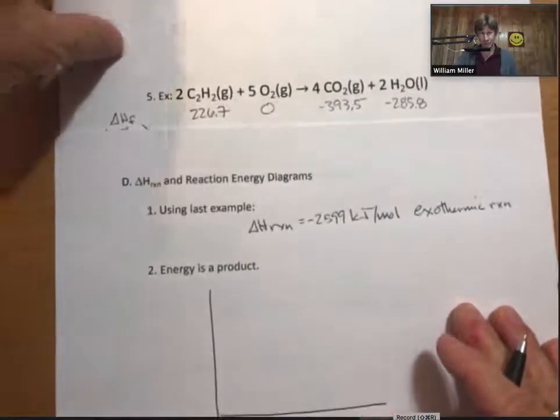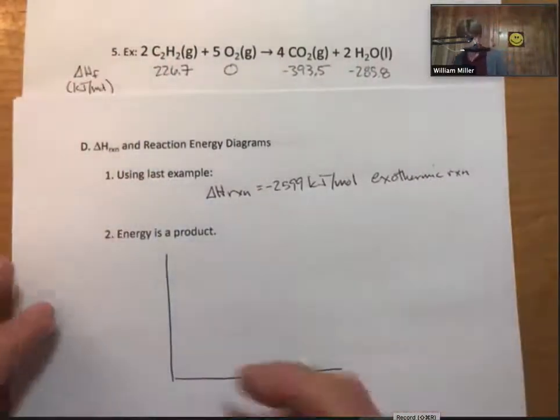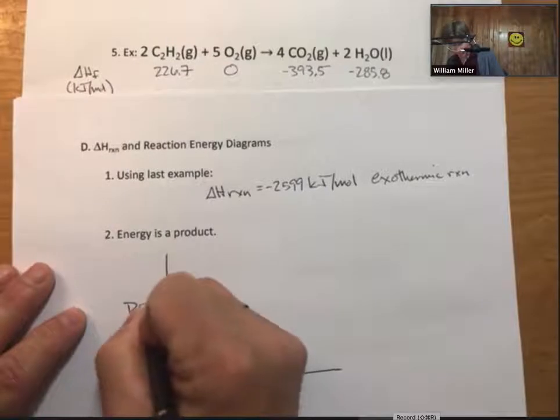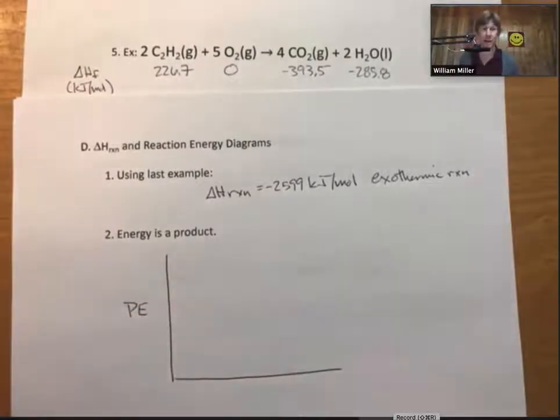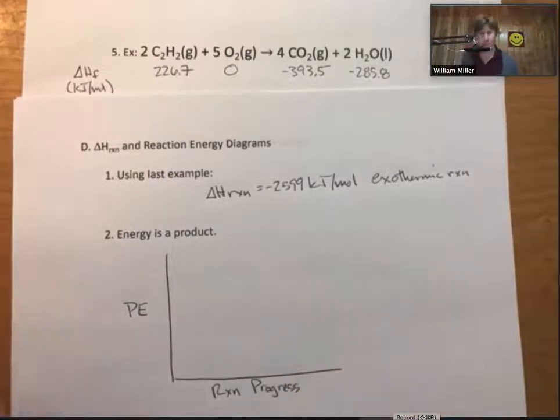A reaction energy diagram is going to have potential energy on the y-axis. It's going to have something called reaction progress on the x-axis.